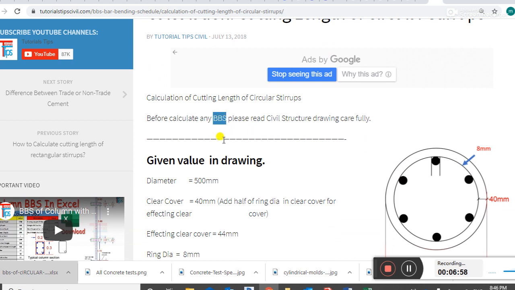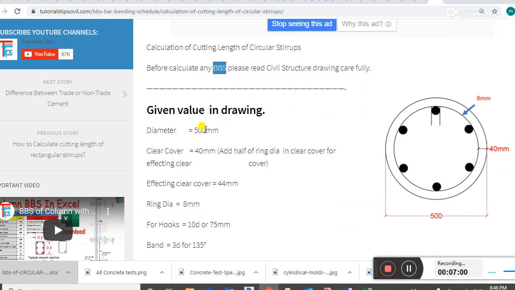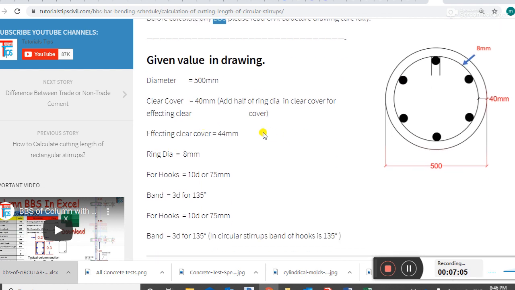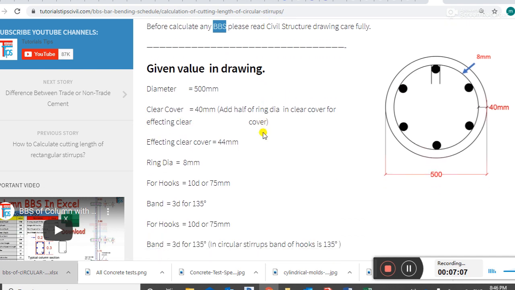Please read carefully this data. Given value in drawing. As per drawing, the size of circular stirrups is given as diameter. This outer diameter of the stirrups is 500 millimeter.